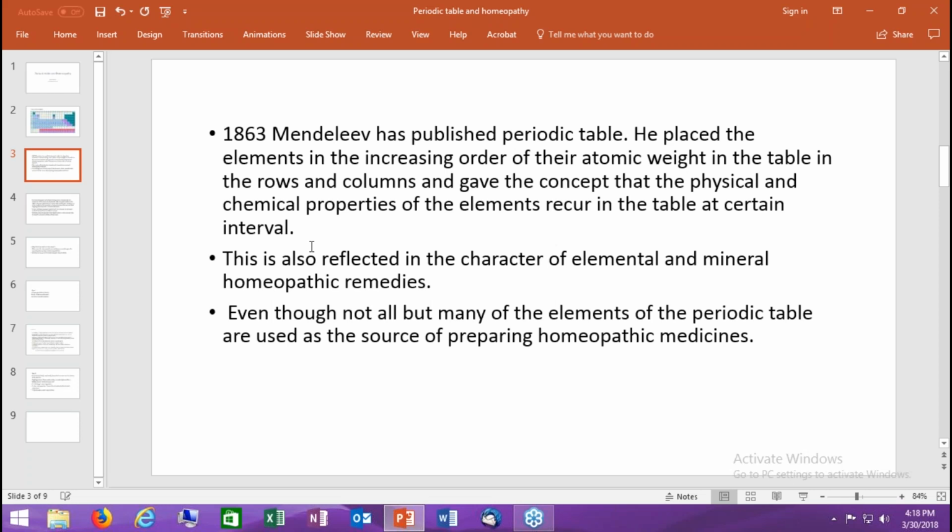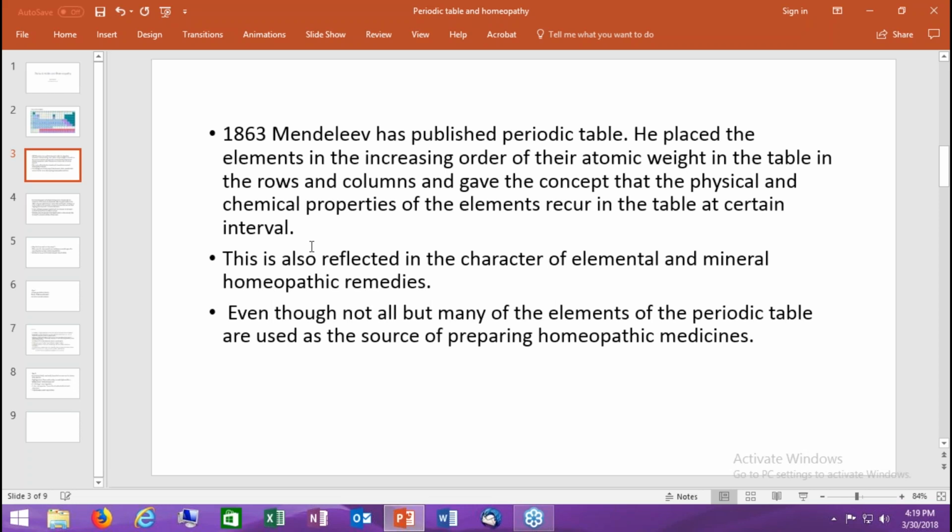And he said that as we move forward in the rows and columns, we find that the physical and chemical properties of these elements are reappearing in the table. So this is also reflected in the character of elemental and mineral homeopathic remedies.